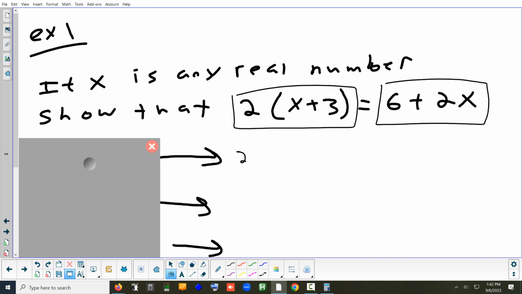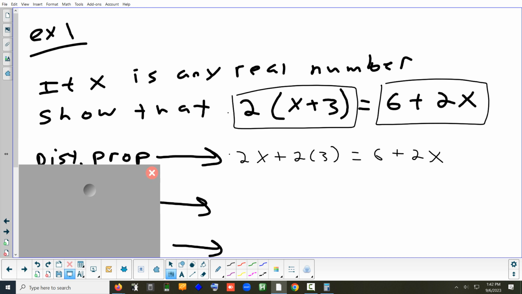Okay, so here's my first step. What property did I just use to get from here to here? Yeah, distributive property. Yep, that's the distributive property.